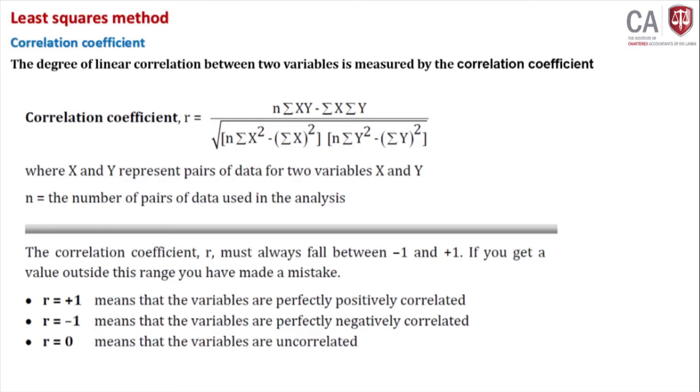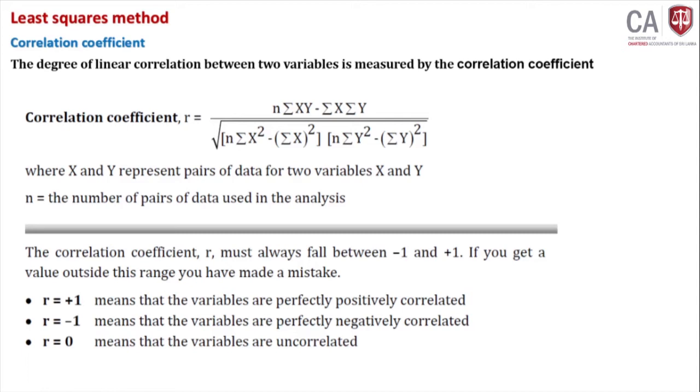Least squares method, under that the correlation coefficient. Correlation coefficient means the degree of linear correlation between two variables, where x and y represent pairs of data for the two variables.